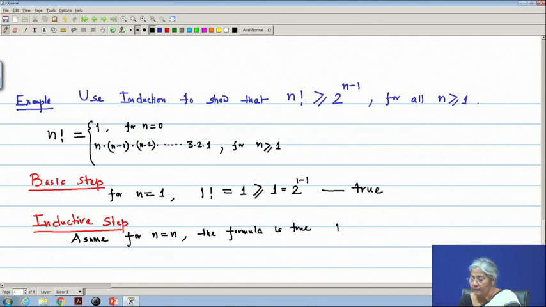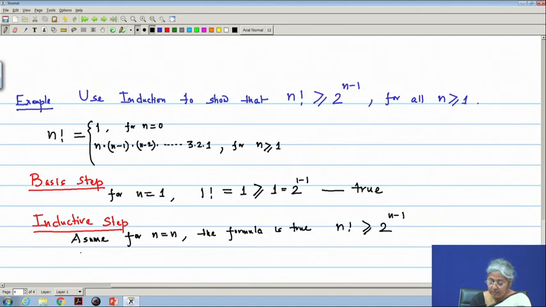That means n factorial is greater than or equal to 2 to the power n minus 1. Now, we have to show that it is true for n plus 1 factorial.